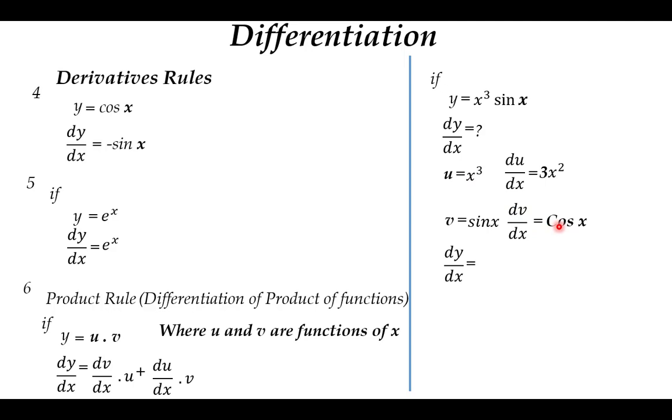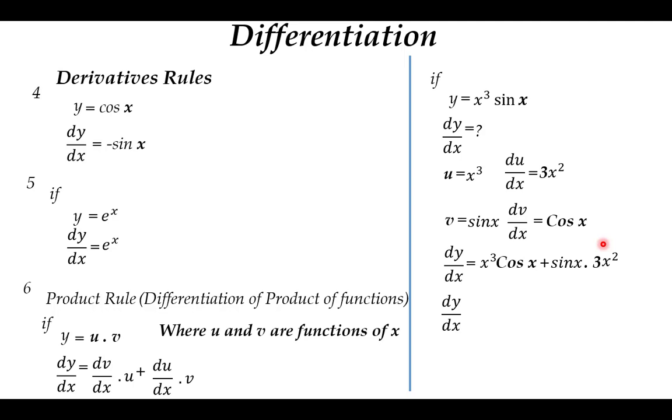So that's going to be x to the power 3 times cos x plus v du/dx. So v is equal to sine x times du/dx, and du/dx is 3x squared. That will be times 3x squared.